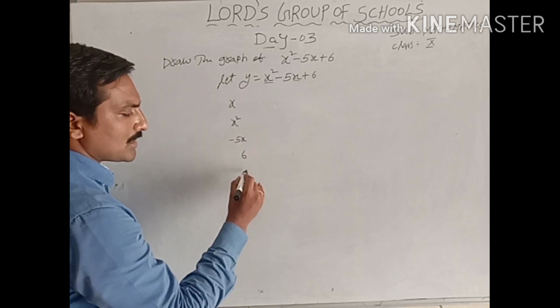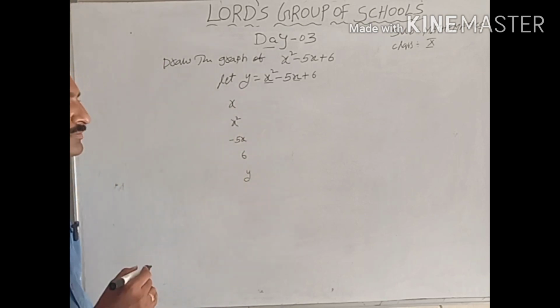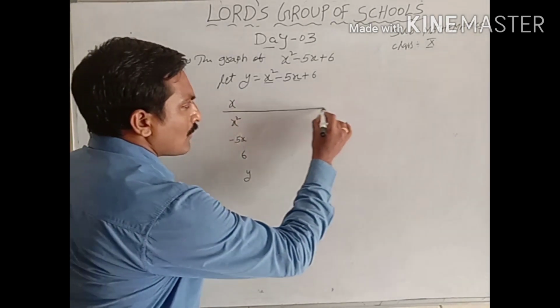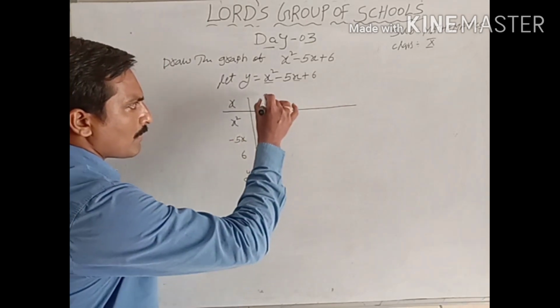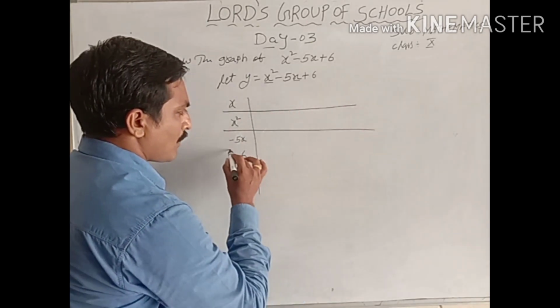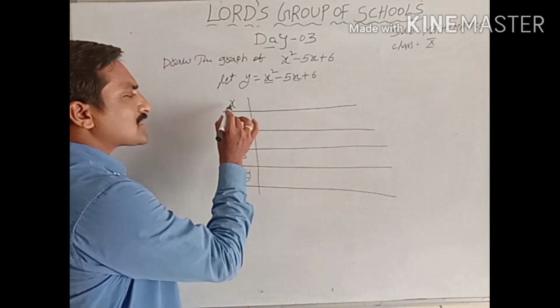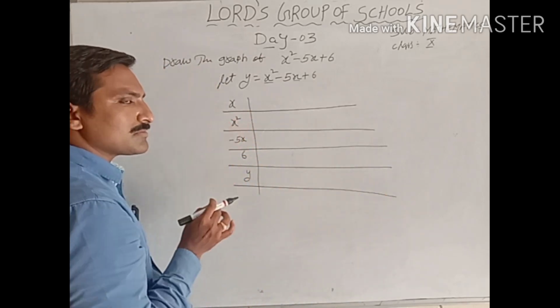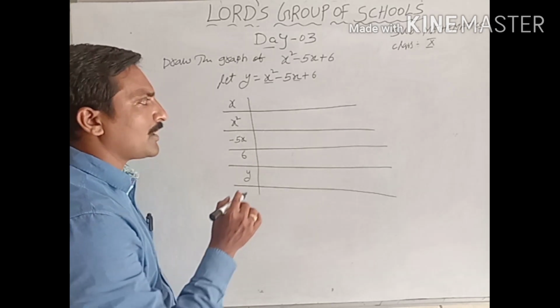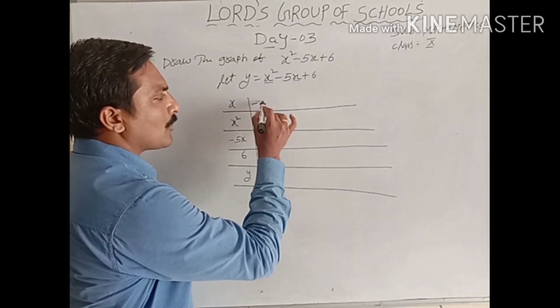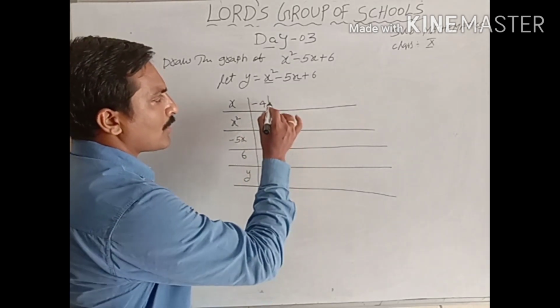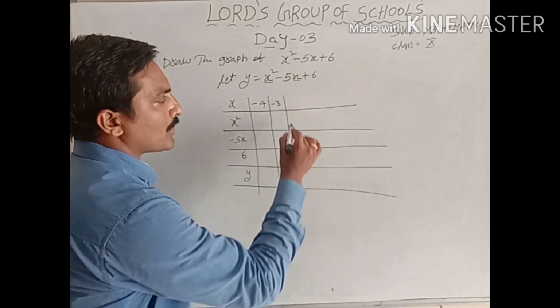The total result is y. So for x values in a quadratic polynomial, you have to take from minus 4 to plus 4.